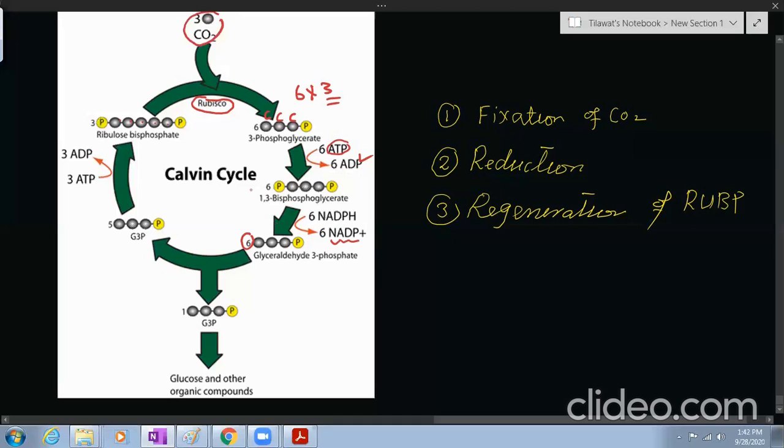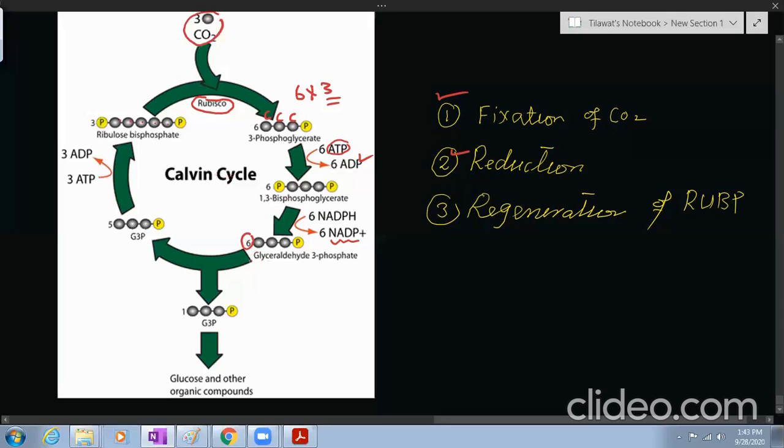So in this first phase, when carbon dioxide reacts with ribulose biphosphate, RuBP, at this time is fixation of carbon dioxide. Now, this is the phase of reduction in which the substrate accepts electrons from NADPH. Means the substrate is reduced, 1,3-biphosphoglycerate reduced. So this phase is called the reduction phase of dark reaction. And this is an important phase.